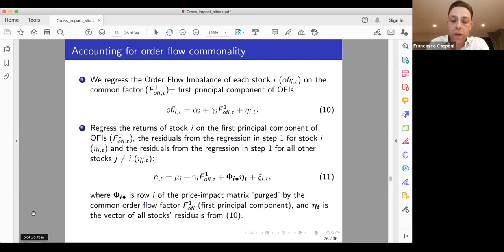In this way, we believe that the matrix phi in equation 11 should better capture whatever is defined as cross impact compared to the matrix beta that we had before, because the beta that we had before didn't have the common factor of order flow imbalance taken out. So we could not distinguish between correlation in order flow, as Rama explained, and cross impact. If you move to the next slide.